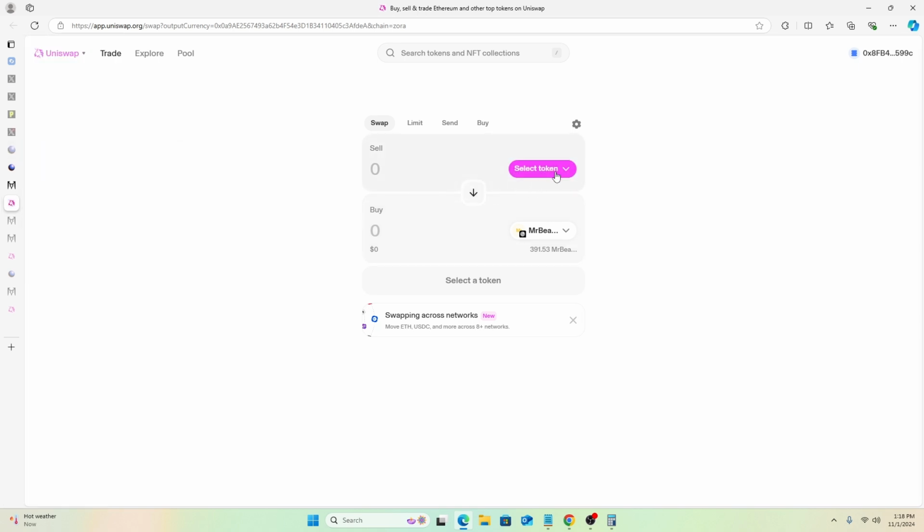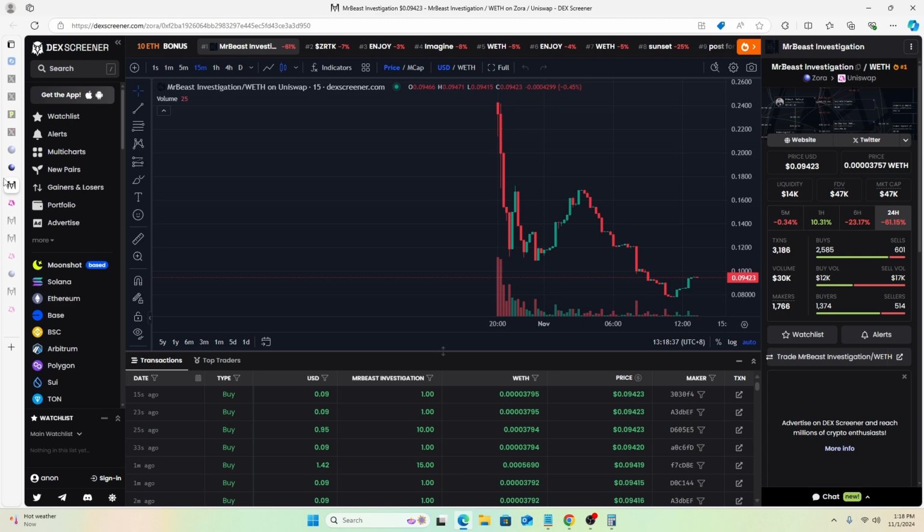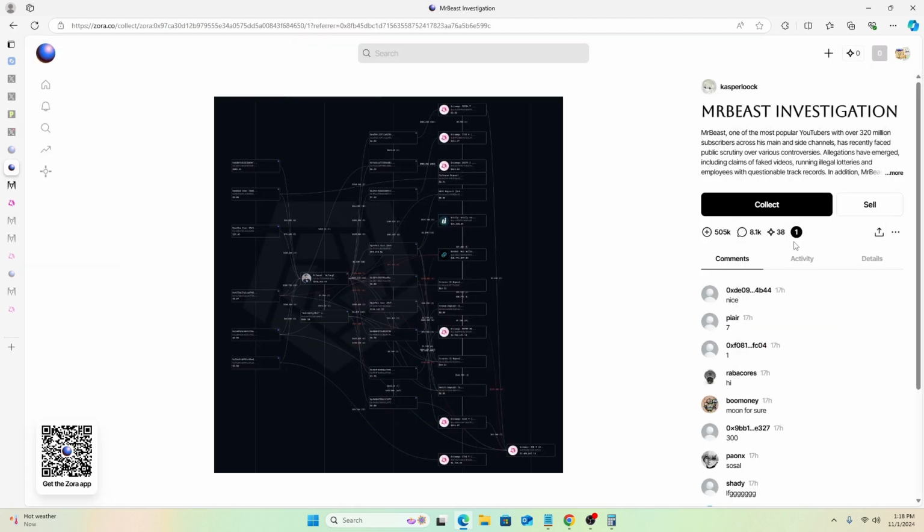But assuming you want to sell the one NFT that is shown here, you can only sell it through here. You won't find it on Uniswap when you attempt to sell it there, except if you bought on Uniswap. But whichever one you bought or minted directly on Zora, you can only sell here.